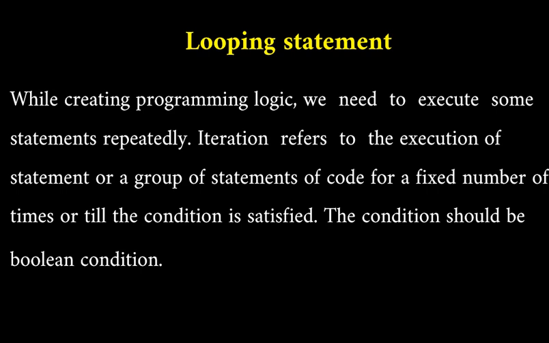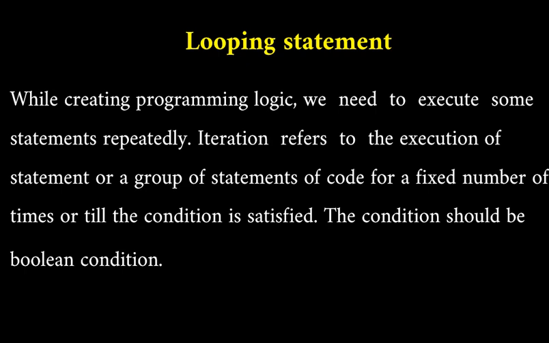Iterations refer to the execution of a statement or a group of statements of code for a fixed number of times or till the condition is satisfied. The condition should be a Boolean condition. Now what are iterations? Initialization means assigning an initial value to the variable, which executes only once, and then the condition is checked.